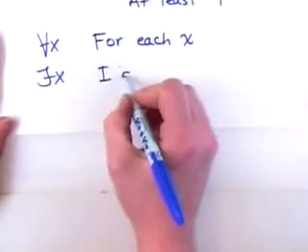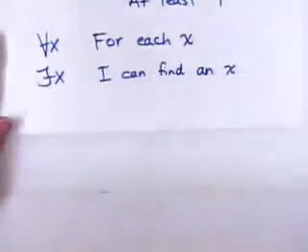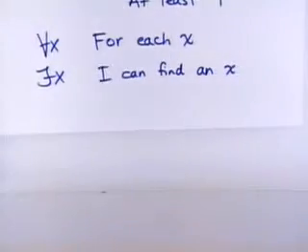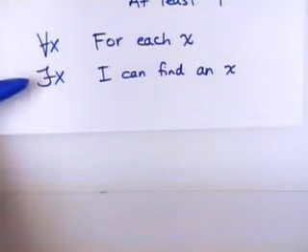And for there exists, I say I can find an x. And that will help you write English statements, because those are very clear and concise ways of letting me know how many times I'm going to have to look at something. So for each lets me know that that's a loop that changes over all the possible values. I can find one just means that as soon as I find one, I get to stop.